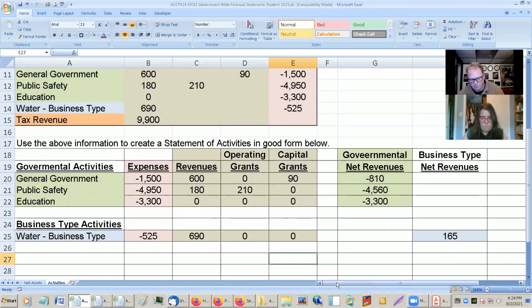So the net revenues, again, this is sort of like net income for each individual department.